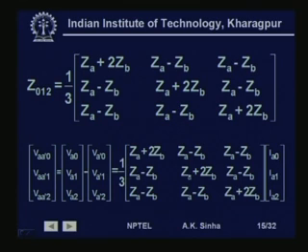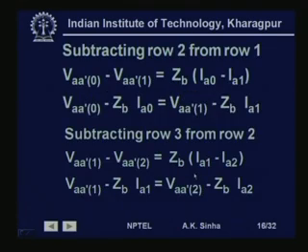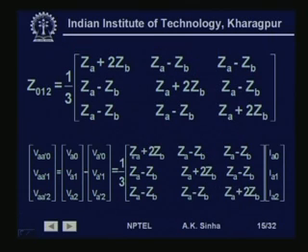If we use this relationship, subtracting row 2 from row 1, row 2 is ZB, ZA minus ZB into IA0, ZA plus 2 ZB into IA1 plus ZA minus ZB into IA2. This we subtract from row 1, that is ZA plus 2 ZB into IA0 plus ZA minus ZB into IA1 plus ZA minus ZB into IA2.